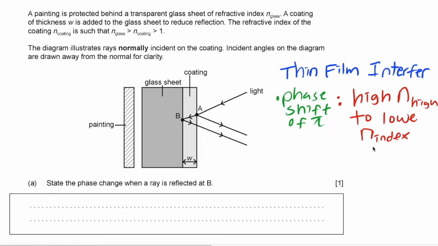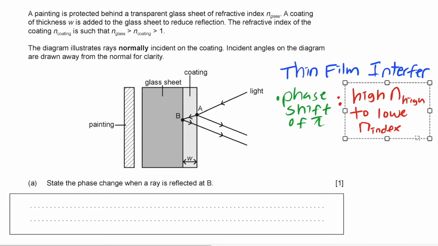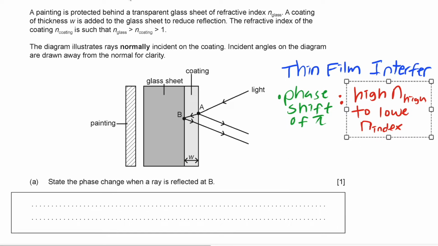So it will experience a phase shift of pi if the light is being reflected from a medium with a higher refractive index to a medium with a lower refractive index. And it will experience a phase shift of 0.